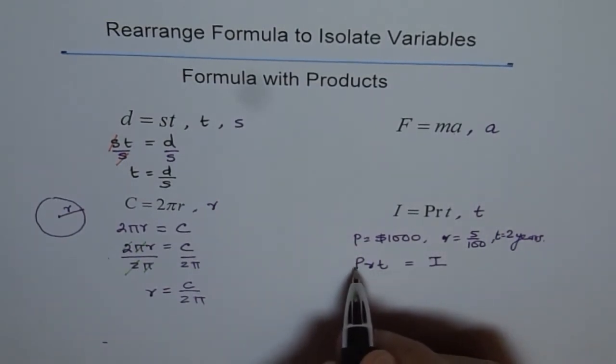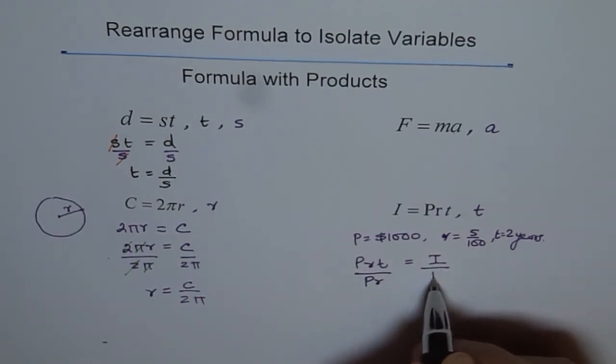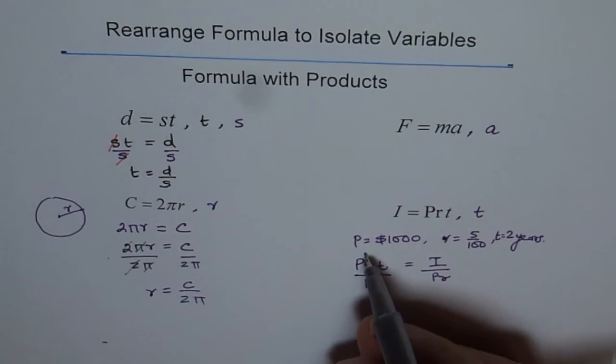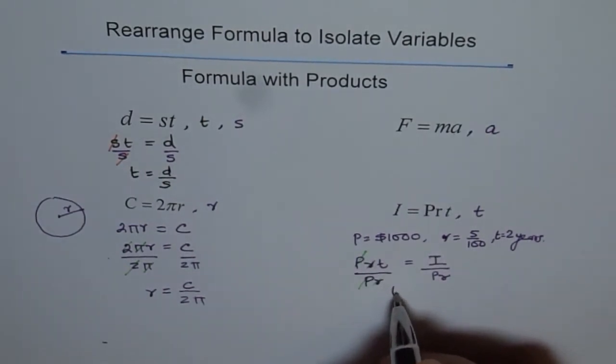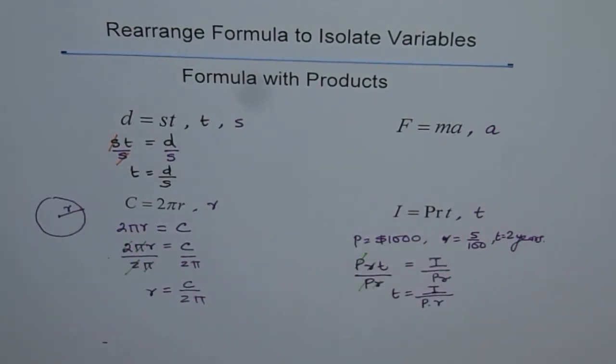Now from here we don't want P and R, so we'll divide by P and R. And we get, as you've seen earlier, T equals I over principal and rate. So that is what rearranging formulas are all about.